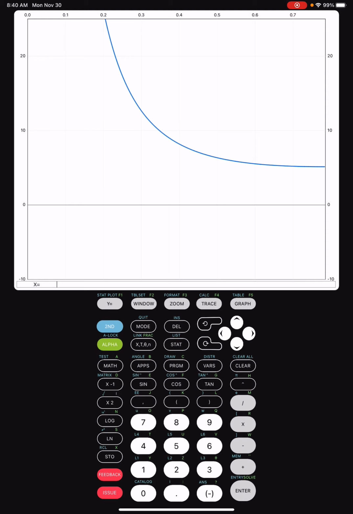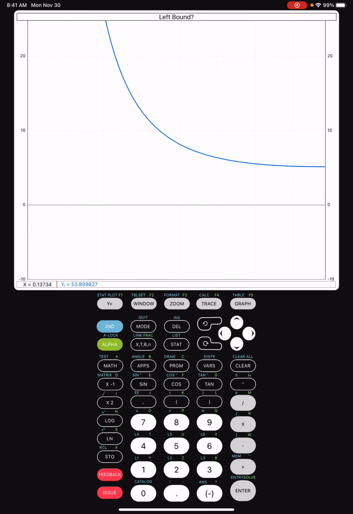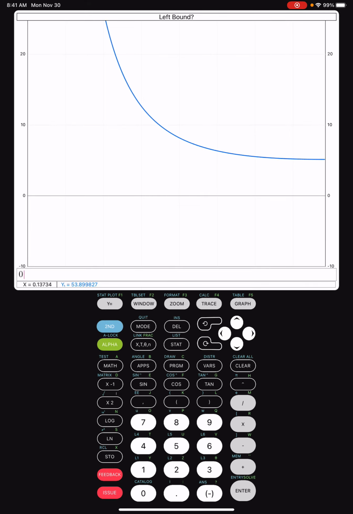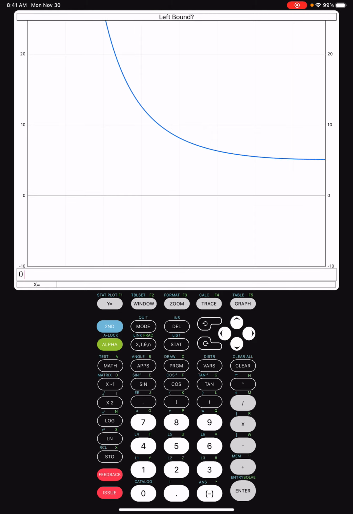If I wanted to evaluate this, I do second calculate, and I want my integral 7 from 0, enter, and then I want to go, why is my input invalid?